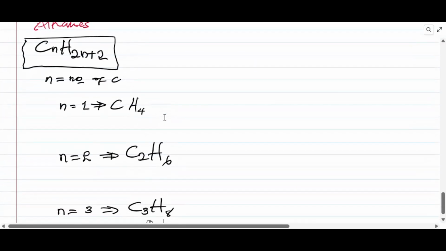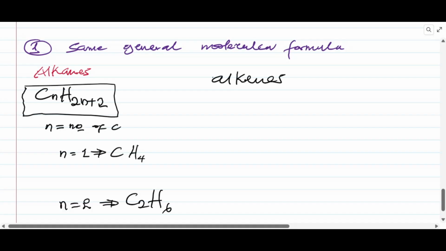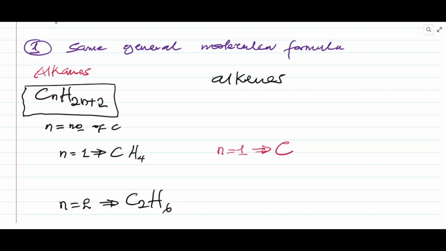That's one of the properties. Let's look at the alkenes. Remember that the functional group of the alkenes is the carbon to carbon double bond, so keep that in mind. Sorry, I have not given you the general molecular formula for the alkenes first.